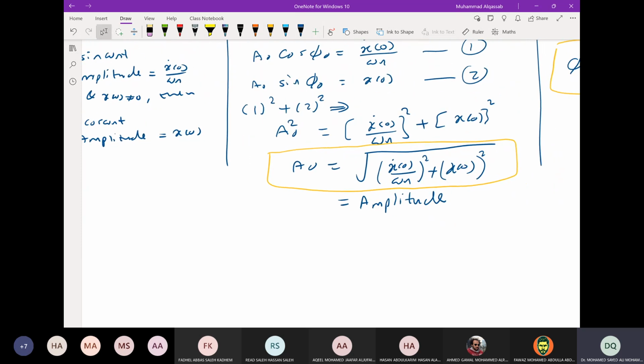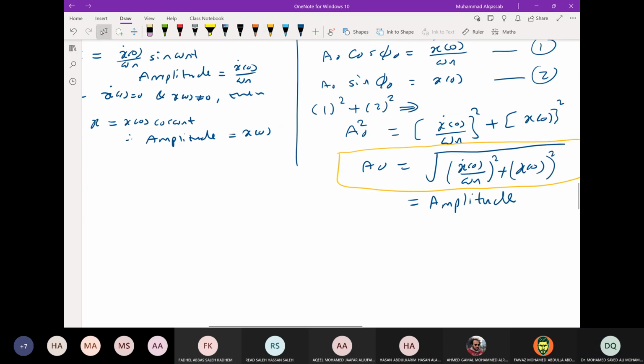And if one of them is 0, it will reduce to what we said in the beginning. So if x at 0 is 0, then a0 will be x dot 0 over omega n. And if x dot at 0 is 0, then a0 will reduce to x at 0. So you can use this for all cases.